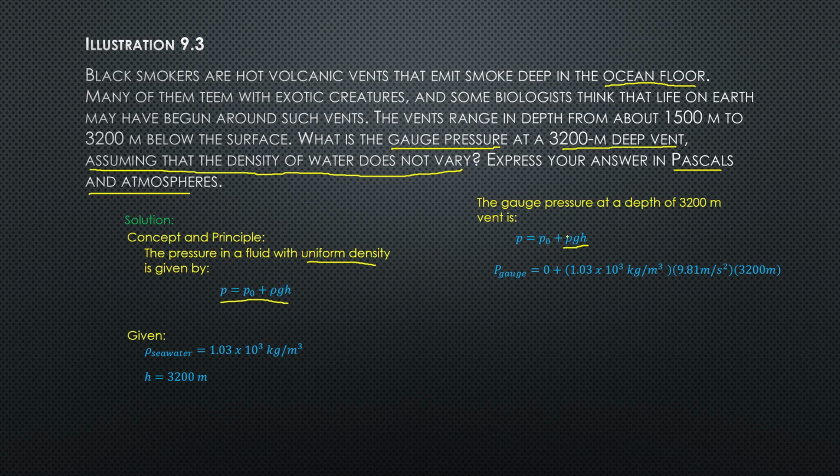So density of seawater multiplied by acceleration due to gravity multiplied by depth: 1030 kilograms per cubic meter multiplied by 9.81 meter per second squared, and the depth is 3200 meters, so that gives you 3.23 times 10 to the 7th Pascal.